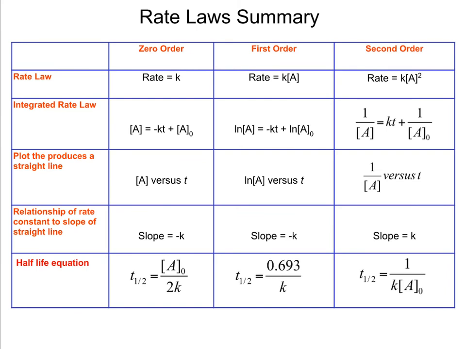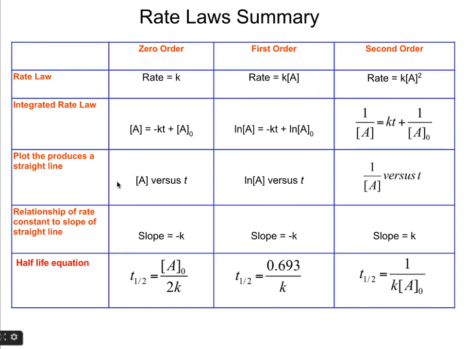This table gives a nice summary of all of the integrated rate law information, and actually includes differential rate laws as well. It shows what the two types of rate laws look like for zero, first, and second orders. These are the same equations I showed you, they're just rearranged. The way I showed them to you is how they appear on the AP equation sheet.